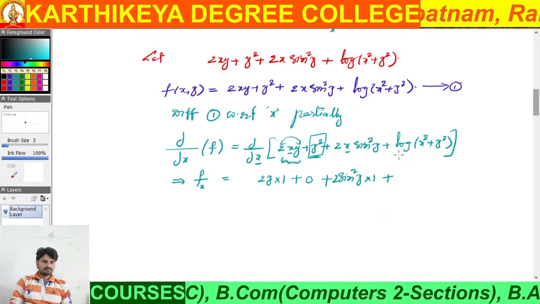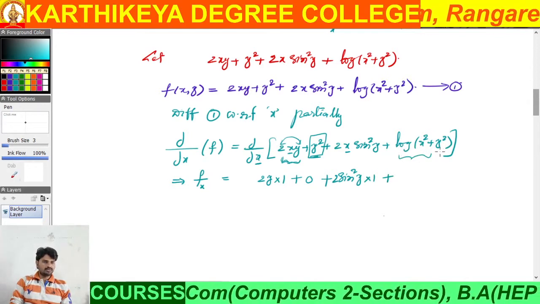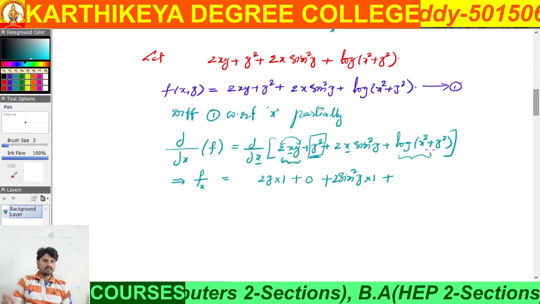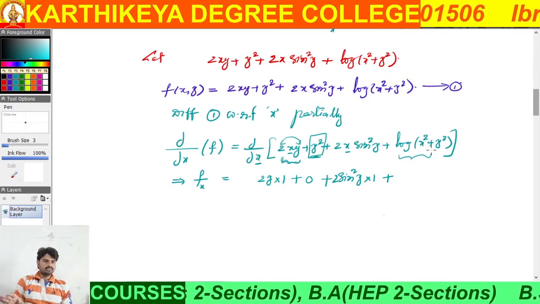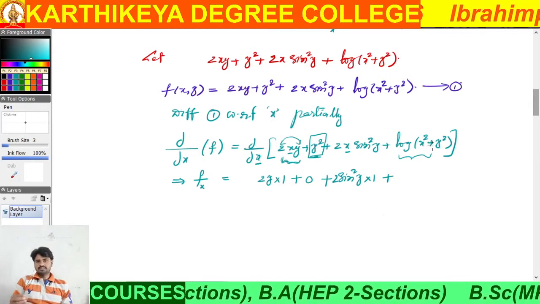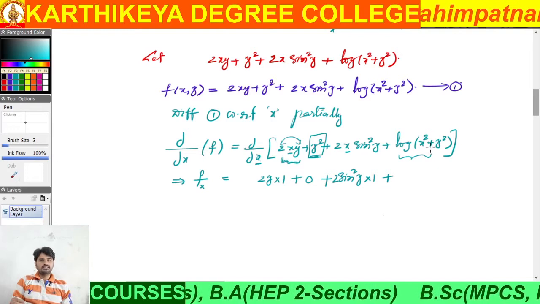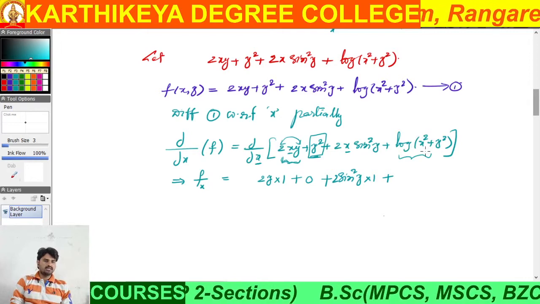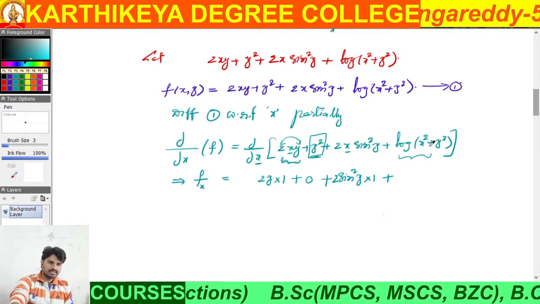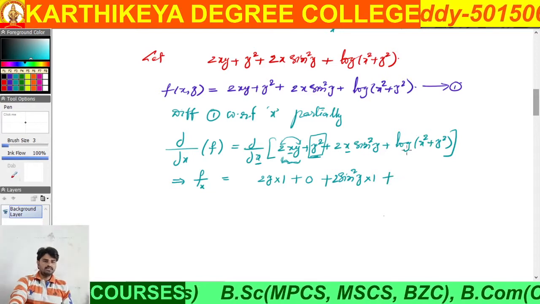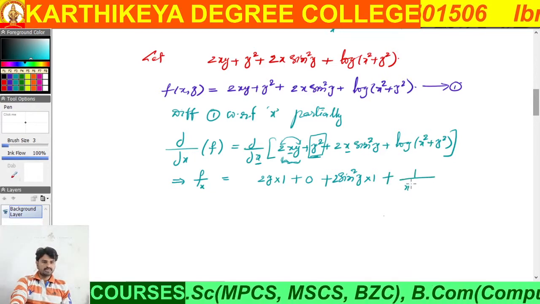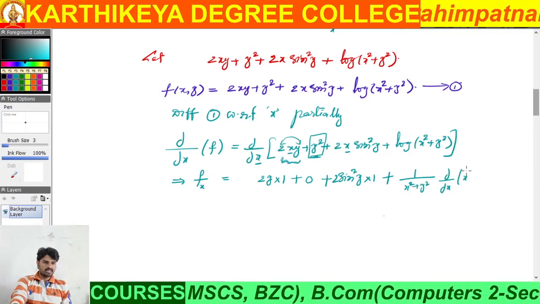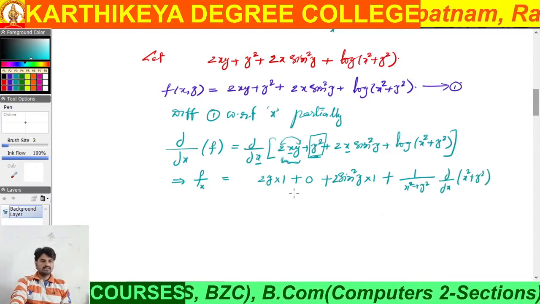Next, we are going to differentiate the log of something. In log of something, you have to observe whether there is any x variable or not, because I am differentiating with respect to x. If there is no x variable in this function, you can treat it as a constant. But here, log of x square plus y square contains the x variable also. So differentiating the log function, you will get 1 by x square plus y square, and again differentiating the inside with respect to x, derivative of x square is 2x, and y square has derivative 0 because y can be treated as a constant.